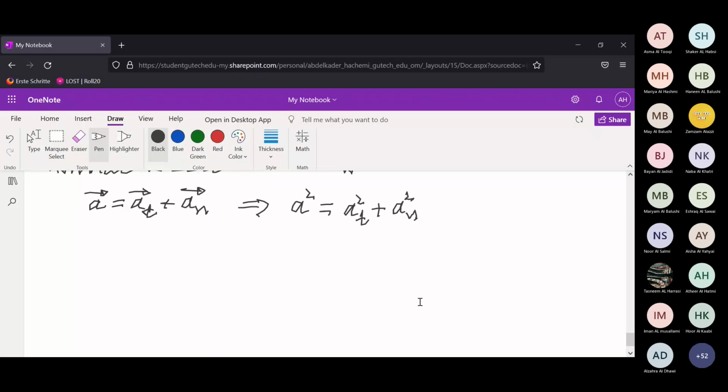In any case, in this expression we have the acceleration. We found it in the second part of the question. We have the expression for the tangential component now, and we have to find the expression for the normal component.